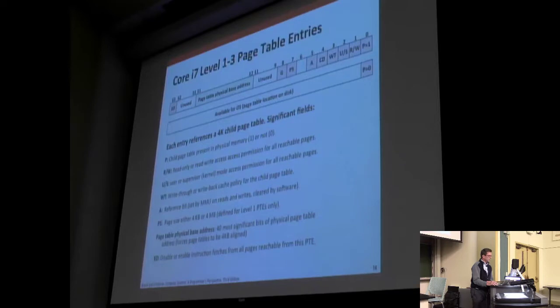I forget what CD does. There's a reference bit which is set when the MMU reads or writes the page table this points to, and then there's a bit that indicates whether the page size is either 4K bytes or 4 megabytes.